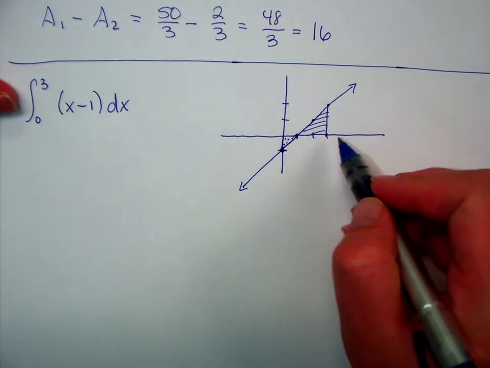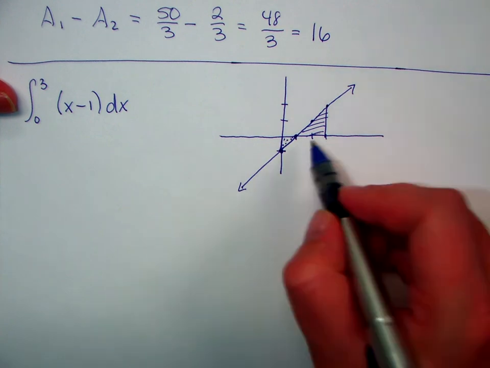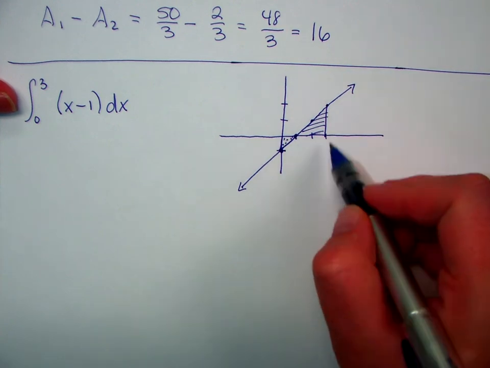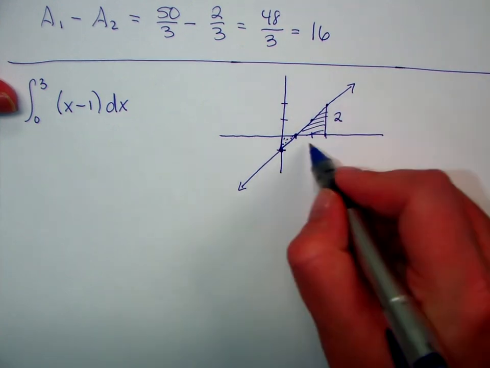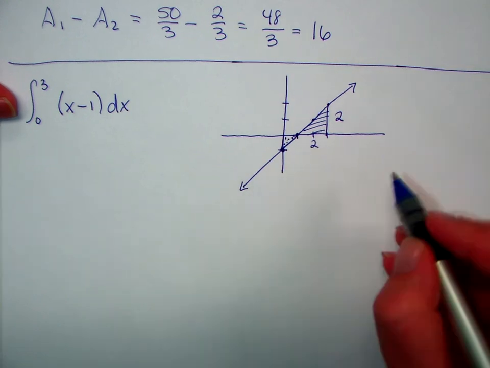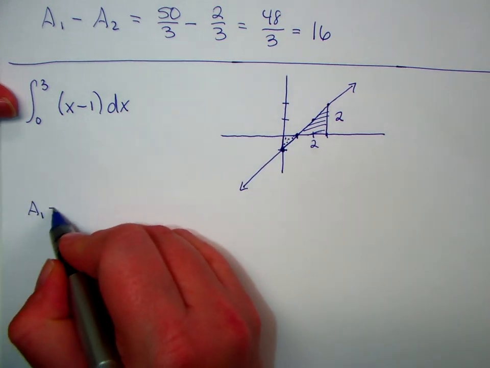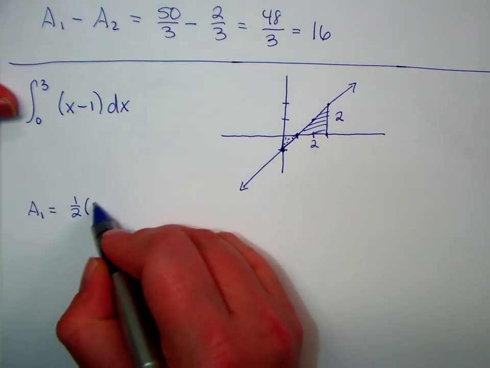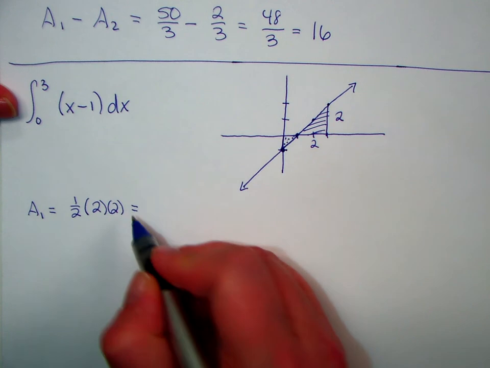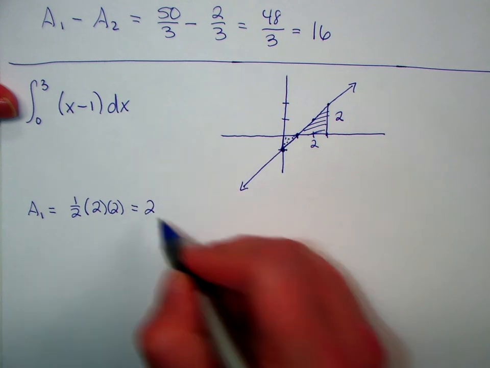So this one's a little bit easier, okay, because these triangles don't have fractions. The height of the positive triangle is 2. The width, or the base of the positive triangle is 2. So a sub 1 is going to be 1/2 the base times the height. Half of 4 is 2. All right.